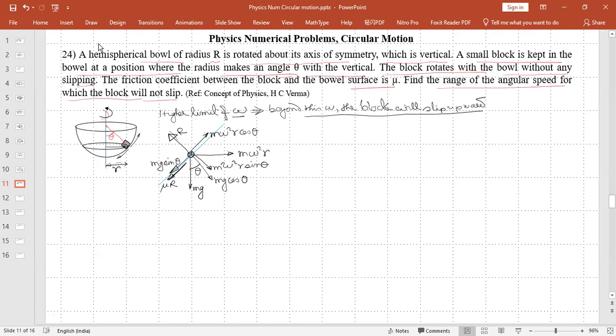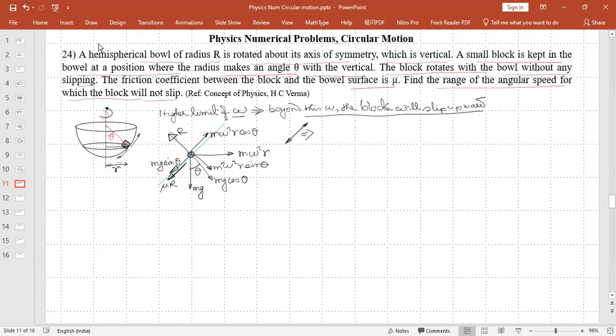Now, what do we do? We consider the forces along the slope. This is a symbol which I have used to show you that I am considering the forces along the slope.